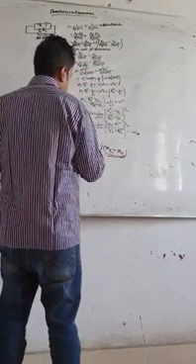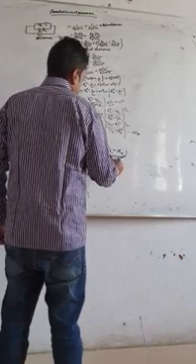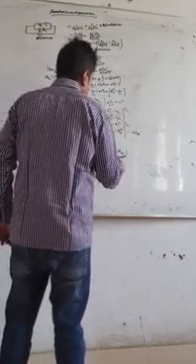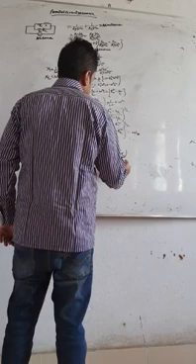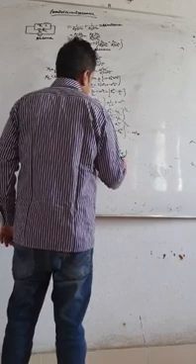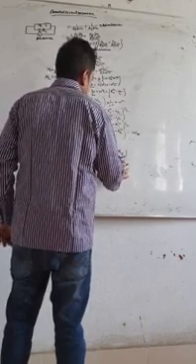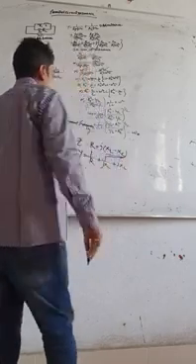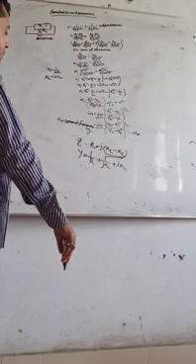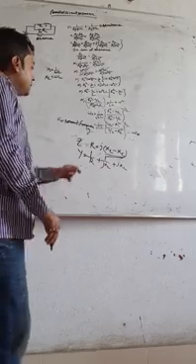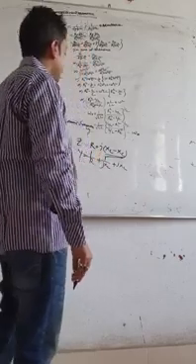In case of a parallel circuit, admittance is 1 by R plus 1 by JXL minus JXC, plus J omega C. This term is dedicated for series, and this is the term dedicated for parallel.